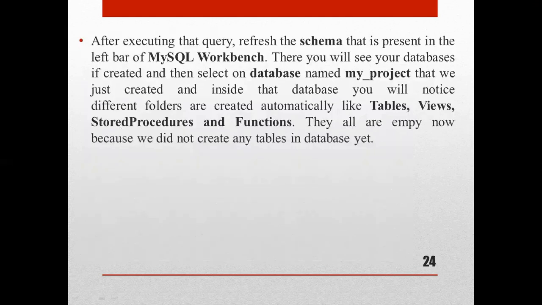After refreshing, you will see your database is created, and then select that database name. The database name is my project that we have created, and inside that database, folders like tables, views, stored procedures, and functions are automatically created. They are all empty because we did not create any tables or data inside that.